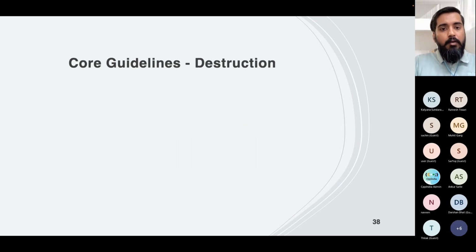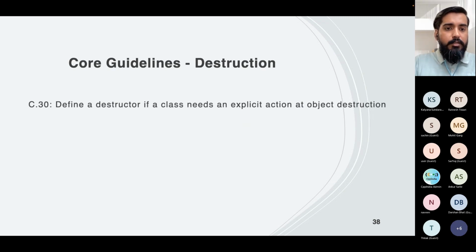With this, I'll move to the destruction part. This core guideline says to define a destructor if a class needs an explicit action on object destruction. So you created an object, you created a file pointer, and you opened it in your constructor or somewhere in your class.